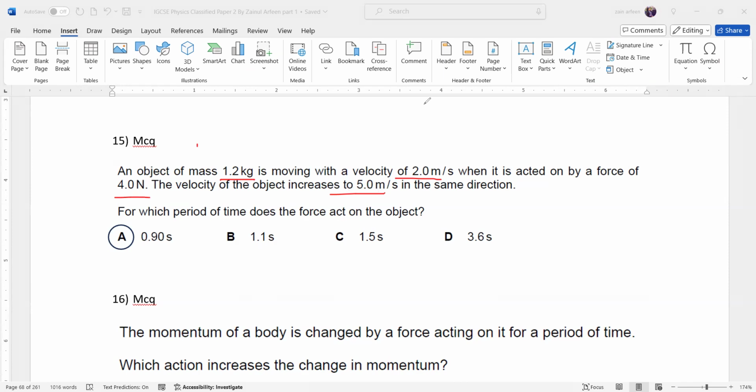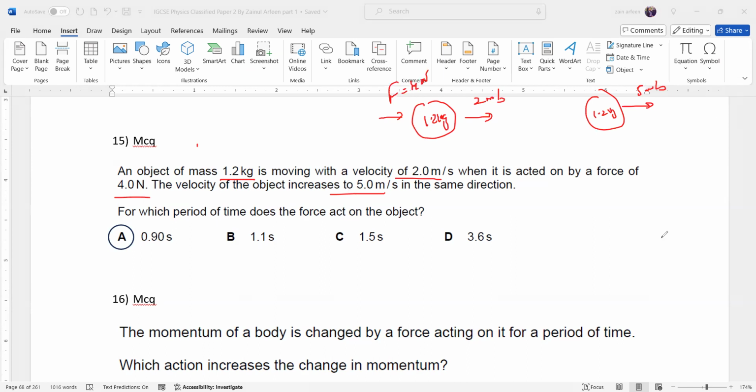So direction has not changed. First, it was moving at a speed of 2 meters per second. Then the object continued at a speed of 5 meters per second by the force of 4 Newton. We need to find for how long the force acts.